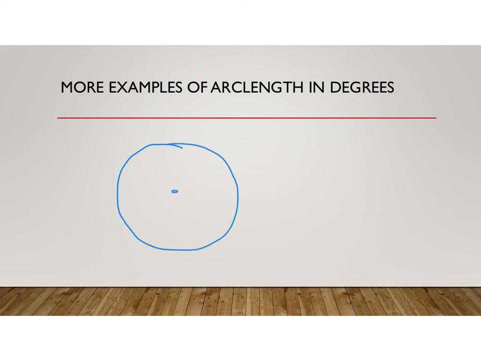So if I have this circle, let's give it a radius of 10 inches, and let's say my angle is 120 degrees. If I want to find the arc length of that, and again, apologize for this, but the arc length is typically symbolized by the small letter s.